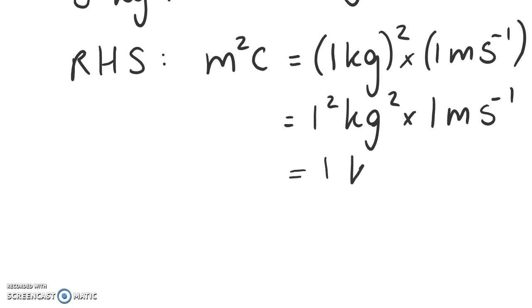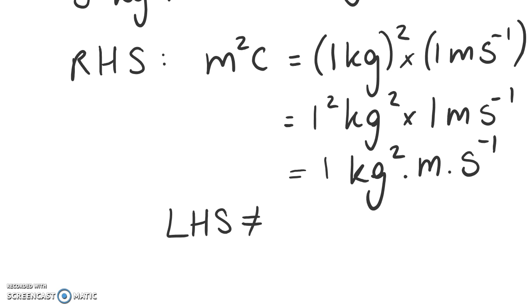Now we have kilograms squared meters per second. And we can say left-hand side does not equal right-hand side, and we're done. So just looking at the units, we can work out, does a formula make sense, or does it make absolutely no sense at all? And here it doesn't make any sense at all.